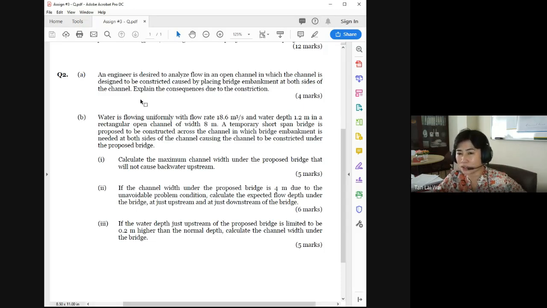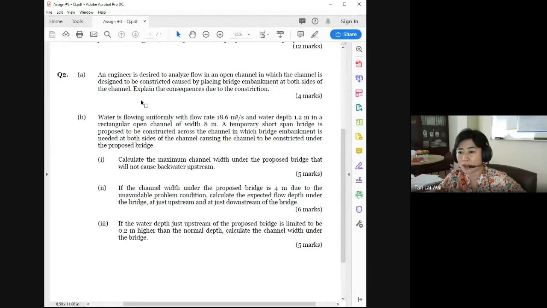What I'm expecting from your answer is that you explain what B max is, what would happen if B2 is greater than B max, that is case 1, what would happen if B2 is equal to B max, and what would happen if B2 is less than B max, which is case 3.